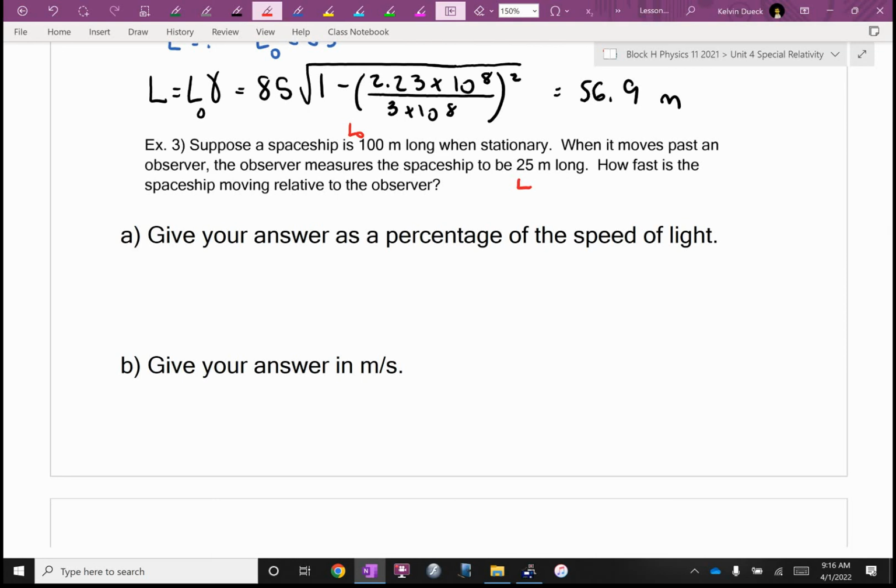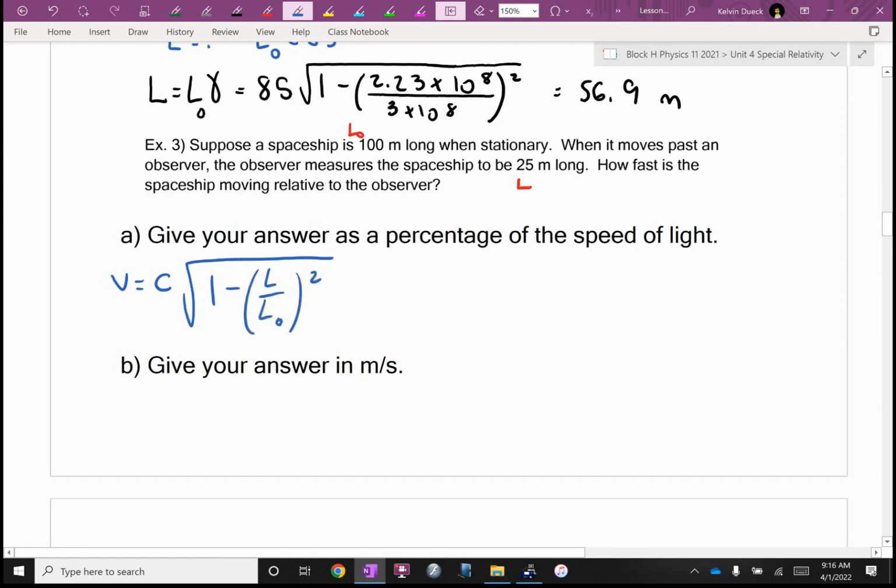What's this question asking me to find? Look on your green sheet near the bottom. There is a V equals equation that has L's in it. Can you read me the V equals equation that has L's in it? Square root, L over L0, L squared.